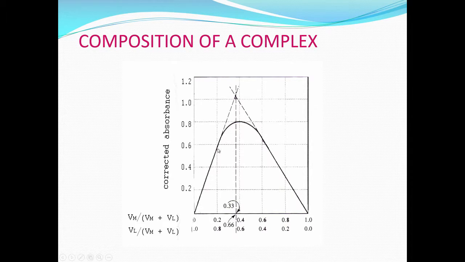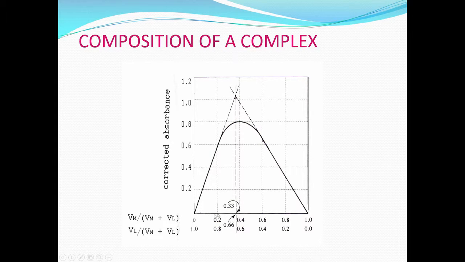So, some amount of complex will be formed, but unless it is optimum I will not get an inflection point. So, I keep on increasing 0.2, 0.4, 0.6, 0.8, 1. Similarly, I can do it for the ligand. When the Vm is 0, Vl would be 1, and when Vm is 0.2, this would be 0.8, something like that.